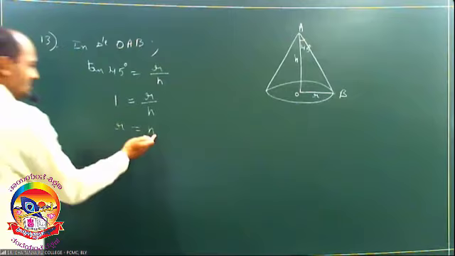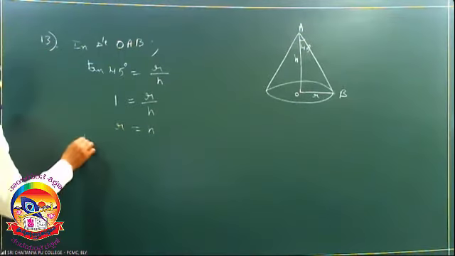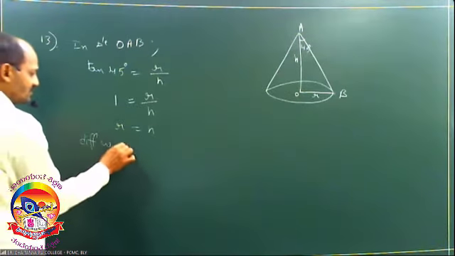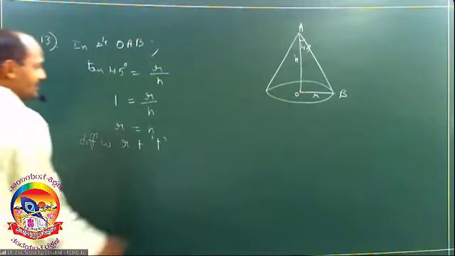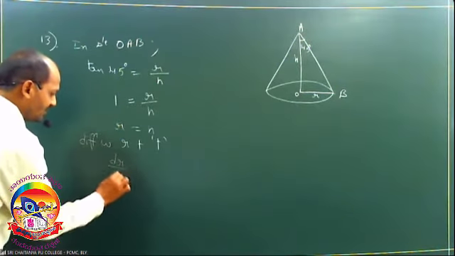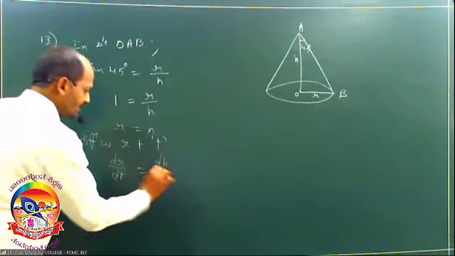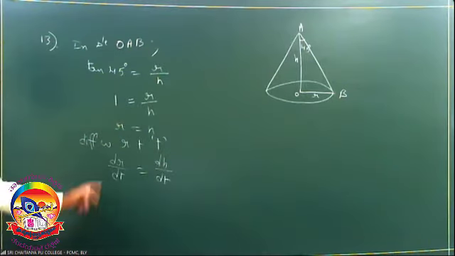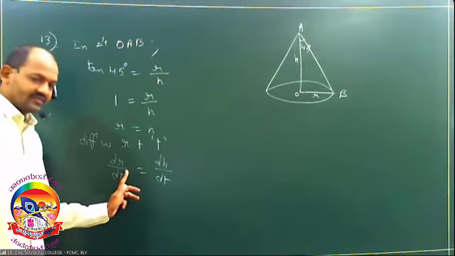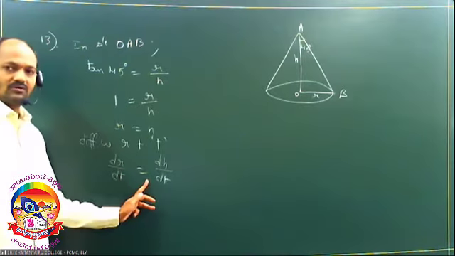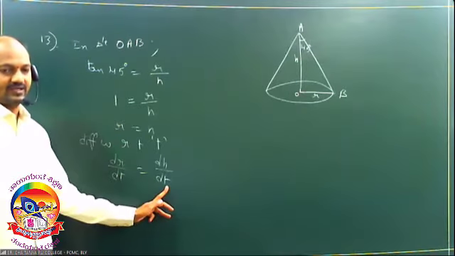It is R equal to H, then differentiating with respect to t, clearly dr by dt is equal to dh by dt. So the rate of change of base radius is equal to the rate of change of height.